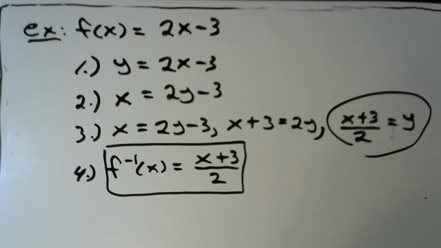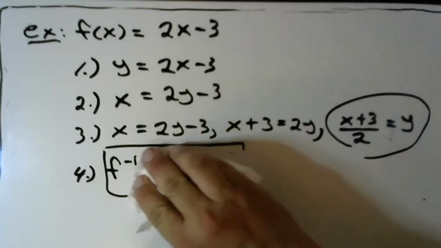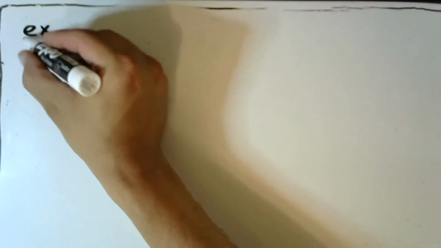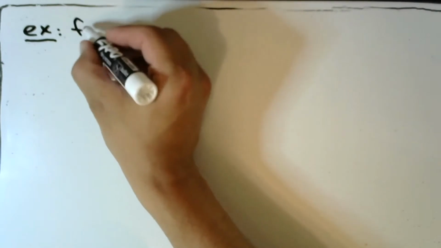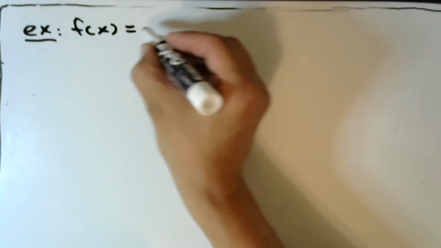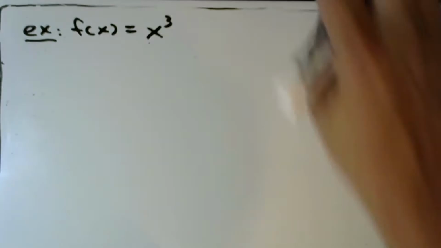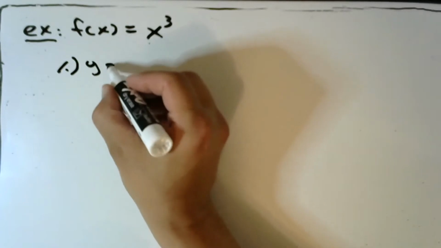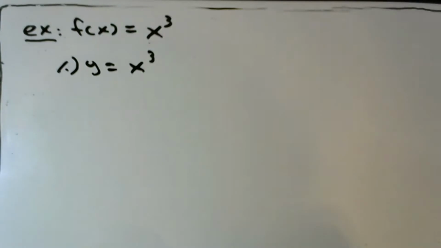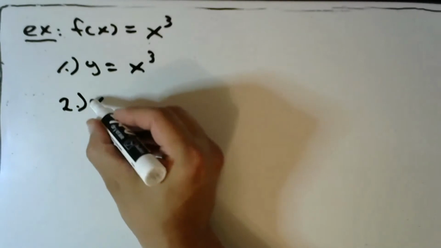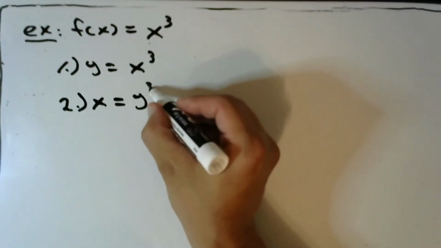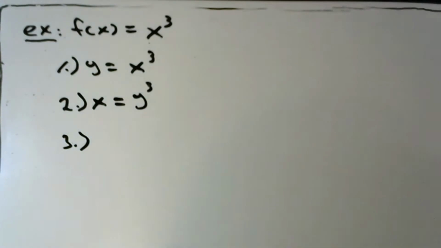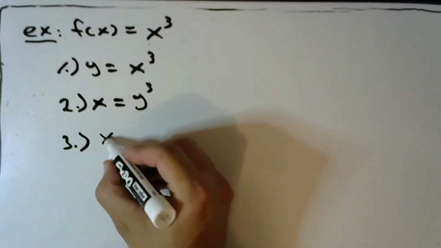Now you have to be careful with some functions. A function that's not going to give us a problem would be, say, something like this. f of x is x cubed. Change f of x to y, we get y equals x cubed. Make the y x, make the x y. And then we solve for y.